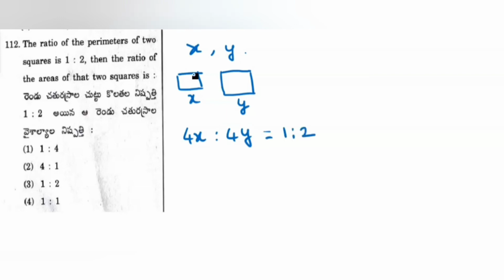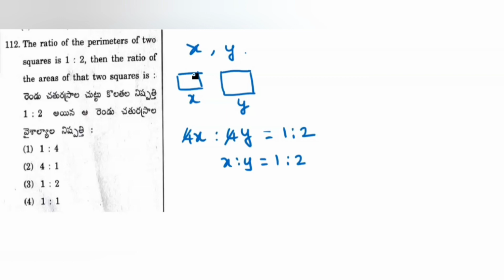So 4, 4 get cancelled. The meaning is X is to Y is given 1:2. X is to Y means the sides of the two squares. Sides of the two squares ratio is 1:2. The perimeter ratio is the same as the sides ratio. So now coming to areas. What are the areas of these two squares? Let us see.